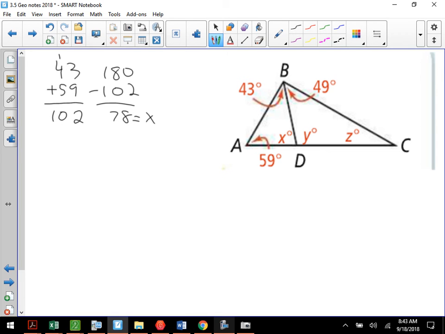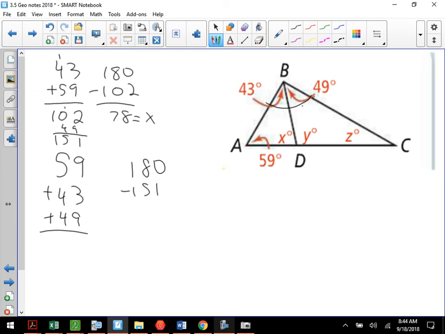Okay, that gets me to X. If I do the 59, by putting those guys together, it's going to get me this whole angle here to get me over to Z. Well, I already know 43 and 59, so if I just add 49 here, I get 151. You okay with that? Take your 180, back out the 151. We have 29. So we're at 29, 78.